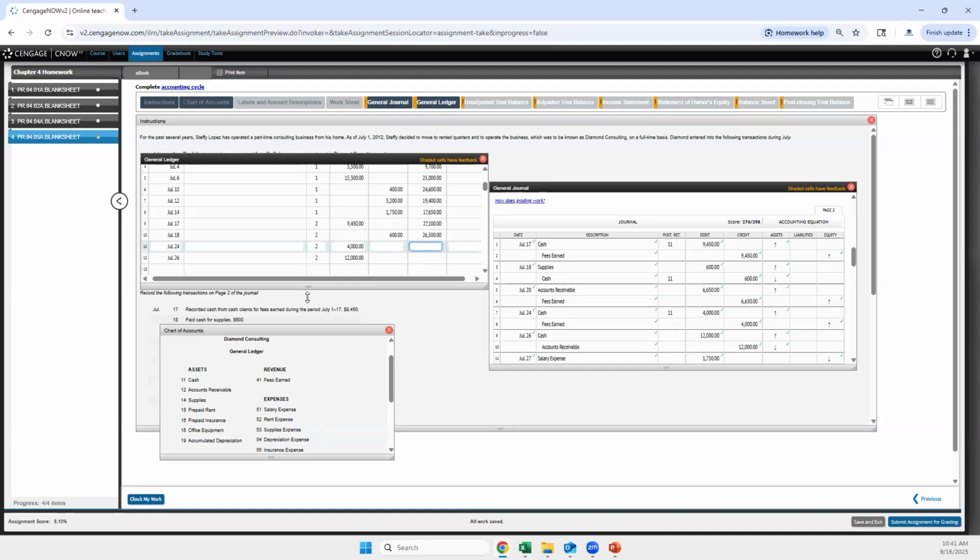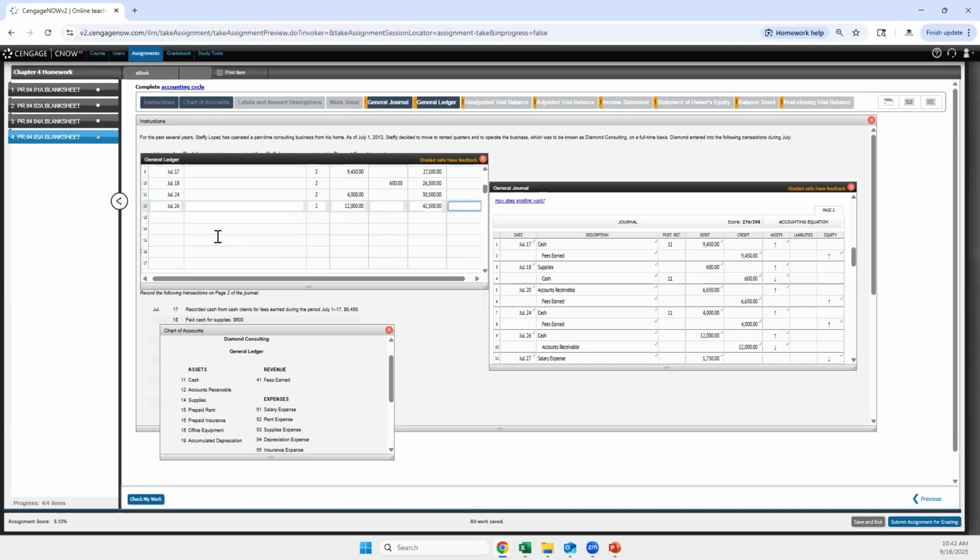Which is going to make our balance 30,500 and then 42,500 respectively.